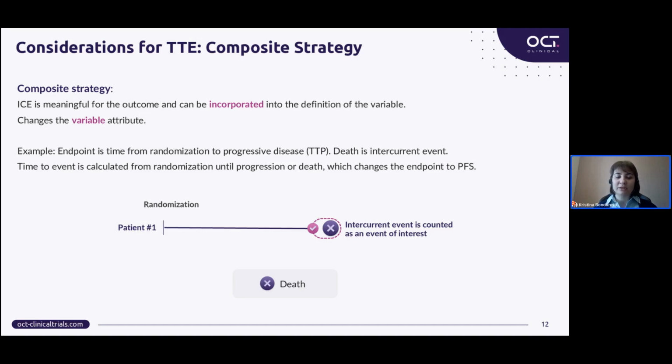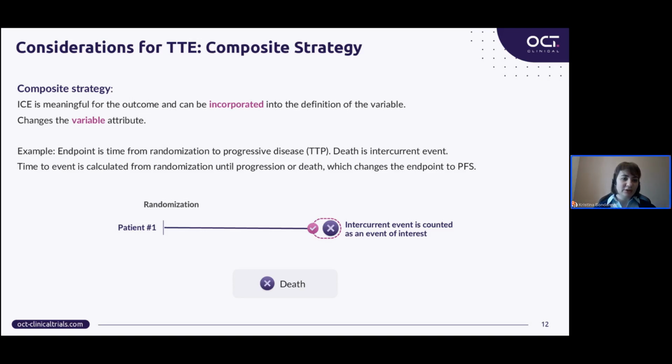Composite strategy is used when intercurrent event itself is considered informative about the patient's outcome. Therefore, it is included in the endpoint definition. For example, including occurrence of second primary cancer in the definition of DFS represents a composite strategy.